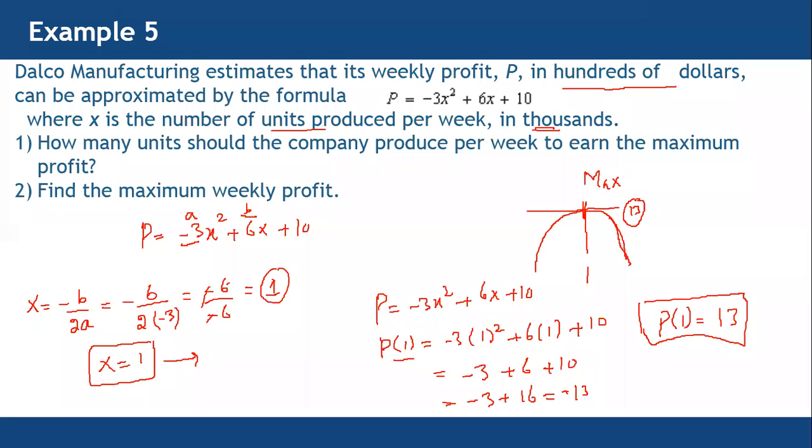Clear? There is a website on Google that calls these points the vertex. If you consider this a parabola, these points are called the h and k values, the vertex point. But in the case of application, in the case of business values, these are the maxima and minima values.